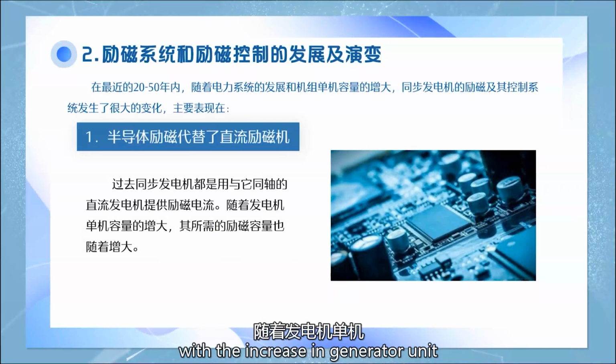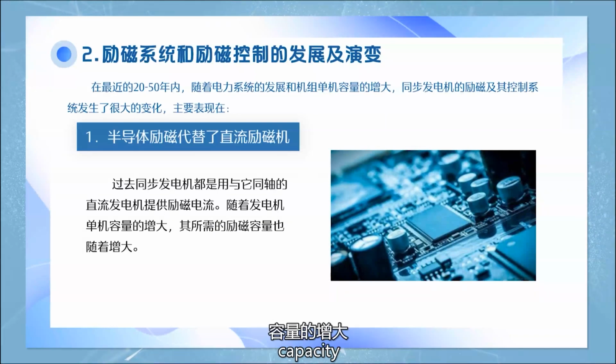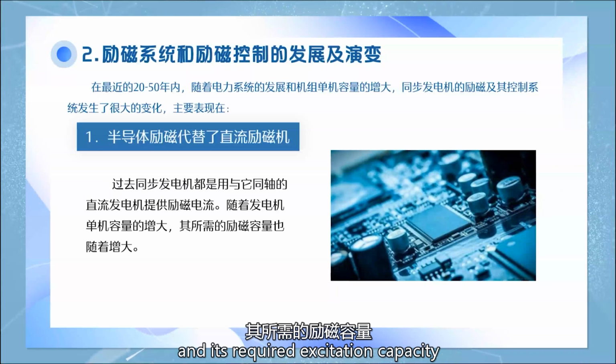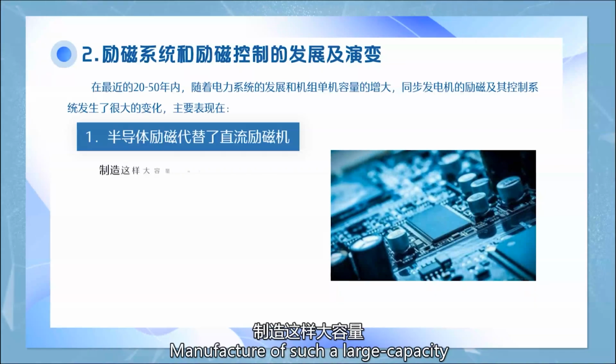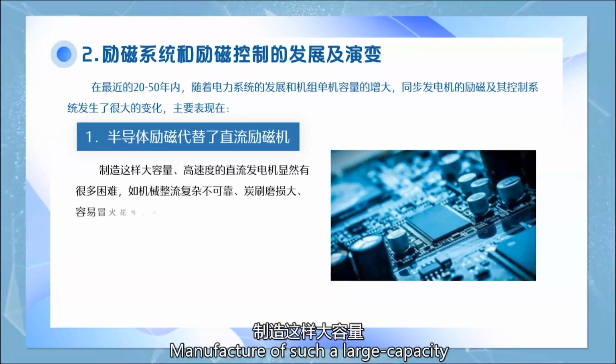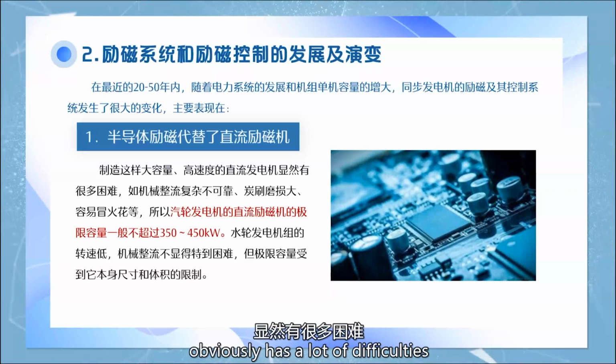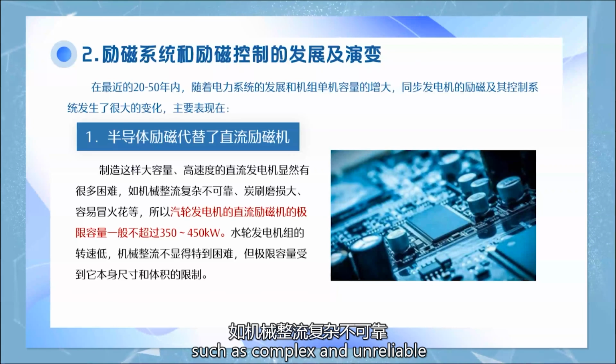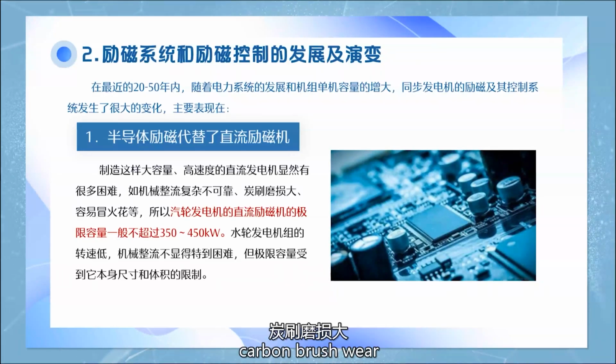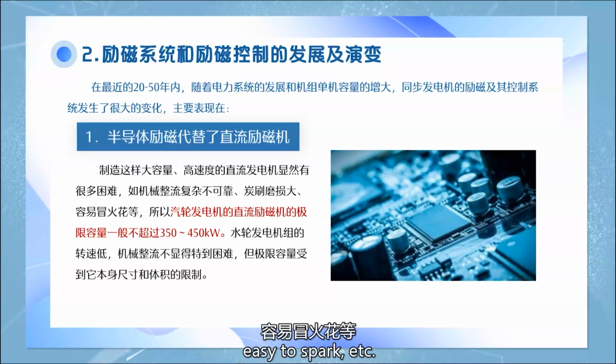With the increase in generator unit capacity, the required excitation capacity also increases. Manufacture of such a large capacity, high-speed DC generator obviously has a lot of difficulties, such as complex and unreliable mechanical rectification, carbon brush wear, easy to spark, etc.